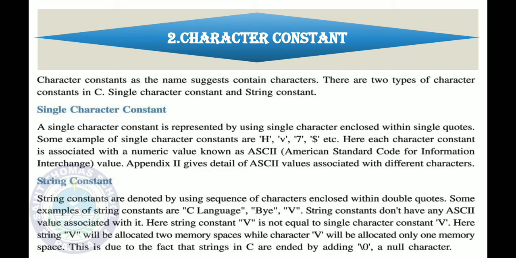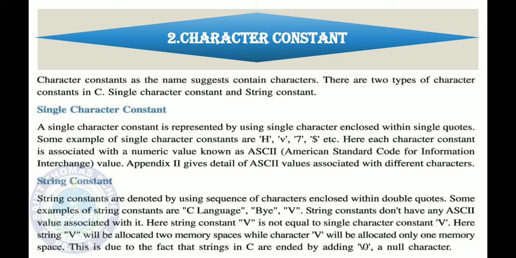Remember students, in a single character constant only one character is there, from the alphabet, and it must be enclosed in single quotation marks. Some examples of single character constants are 'H', 'V', '7', '$', etc.